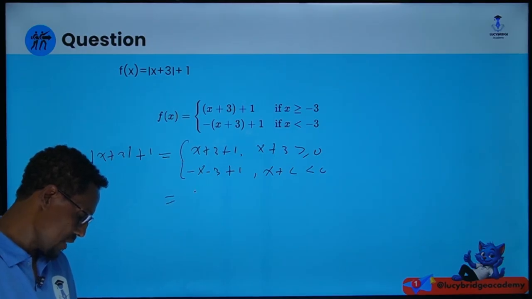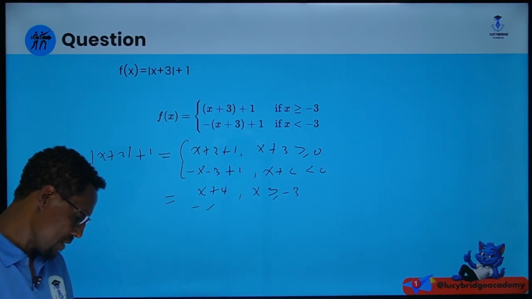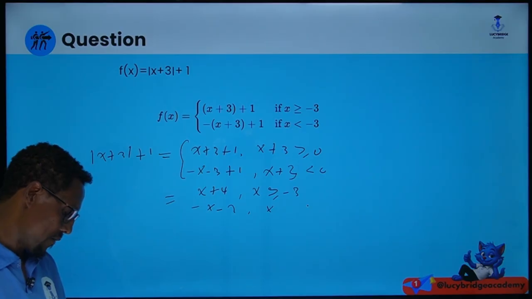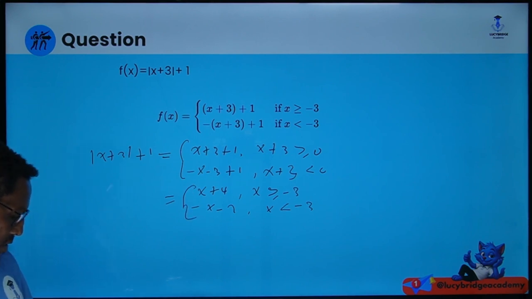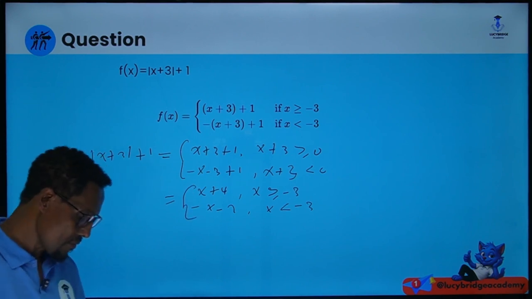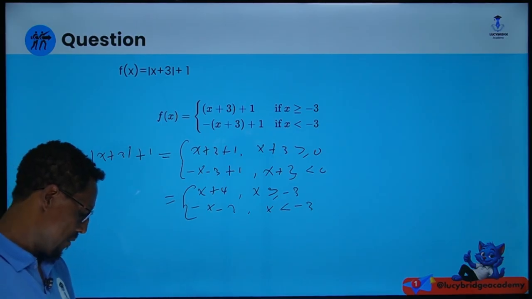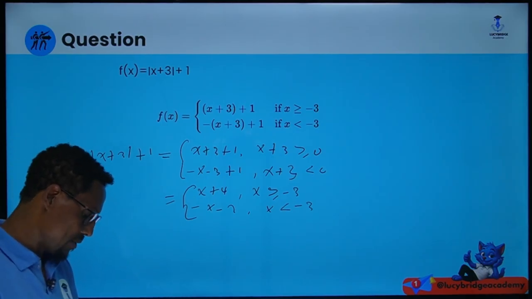This means x plus 4 if x is greater than or equal to minus 3, and minus x minus 2 if x is less than minus 3. This is it now. So what kind of graph do we have?